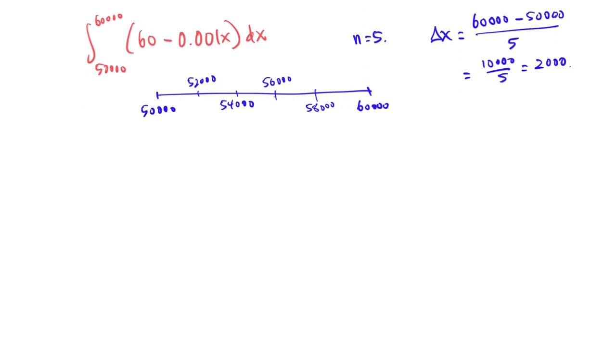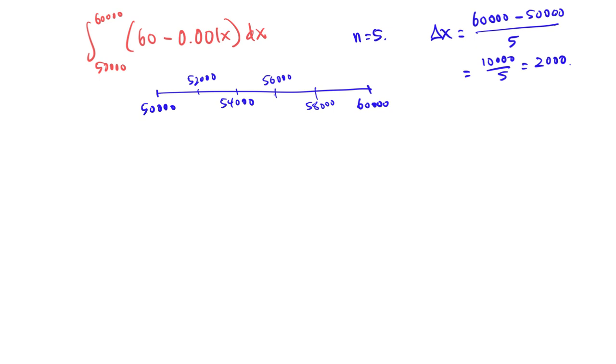Using the left Riemann sum, the corresponding height for x equals 50,000 will be 60 minus 0.001 times 50,000. Evaluating this, we will get 10.